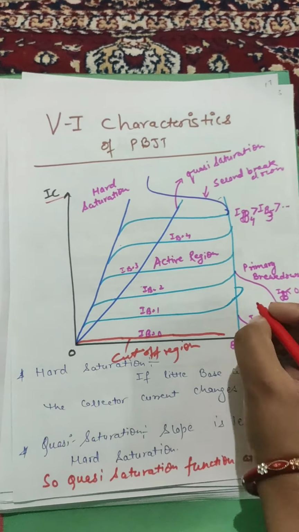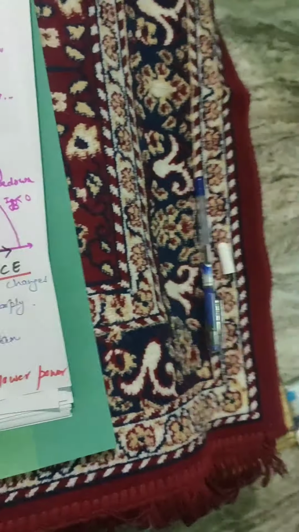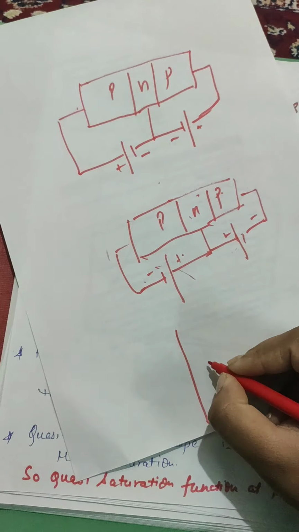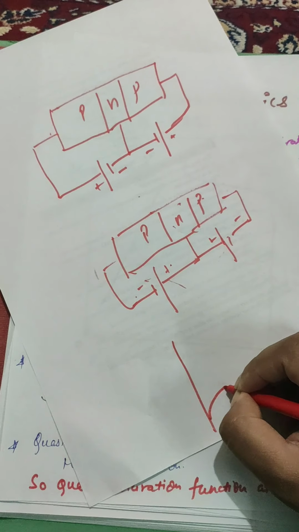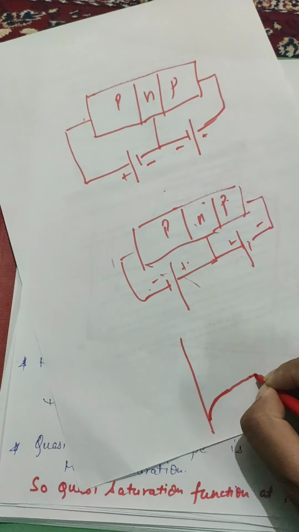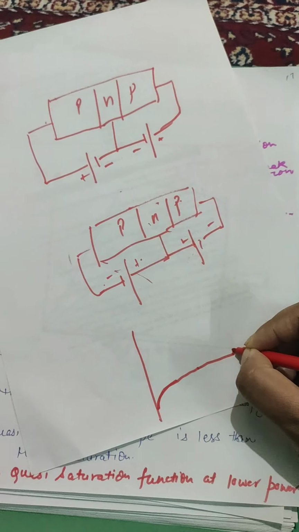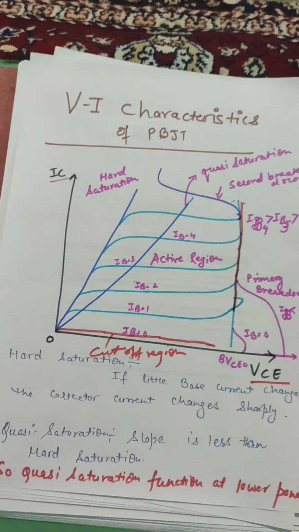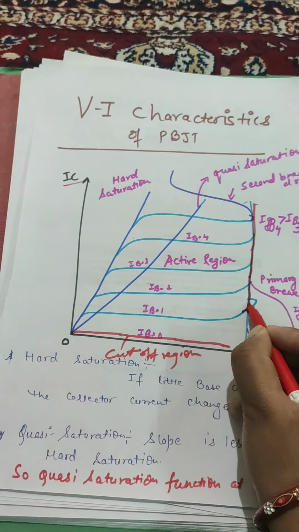We get the primary breakdown, a sharp current after the breakdown.